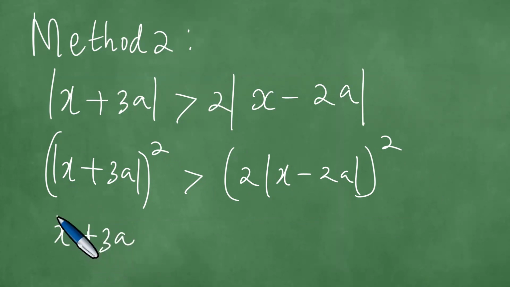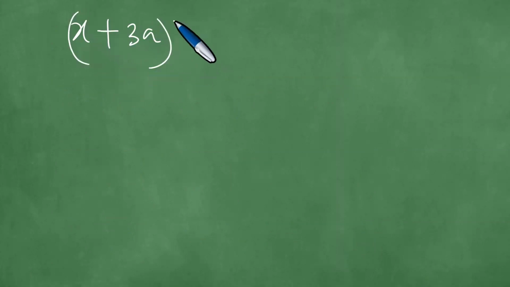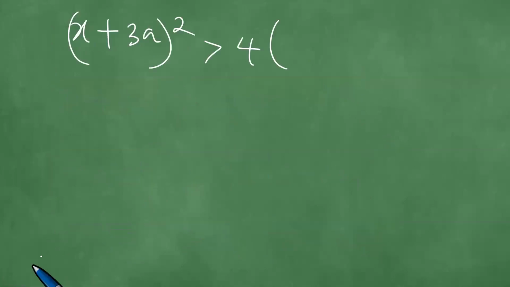X plus 3a. You square 2, you get 4 times x minus 2a. Which is x plus 3a, all squared, bigger than 4 into x minus 2a, squared.